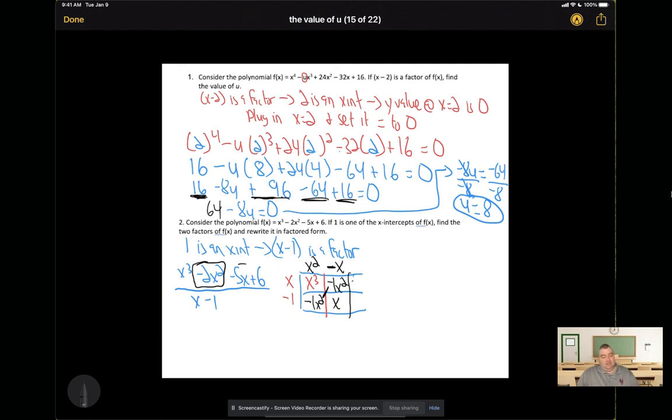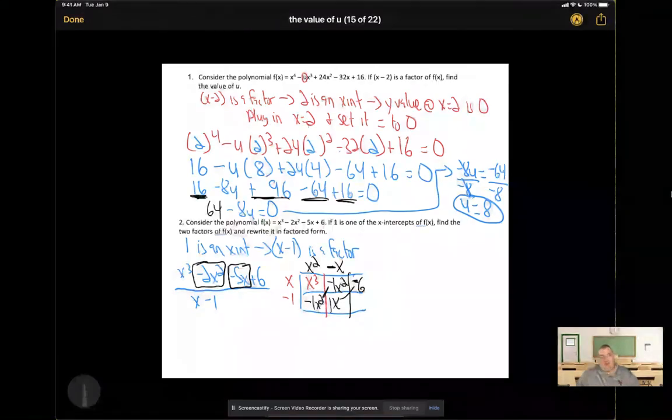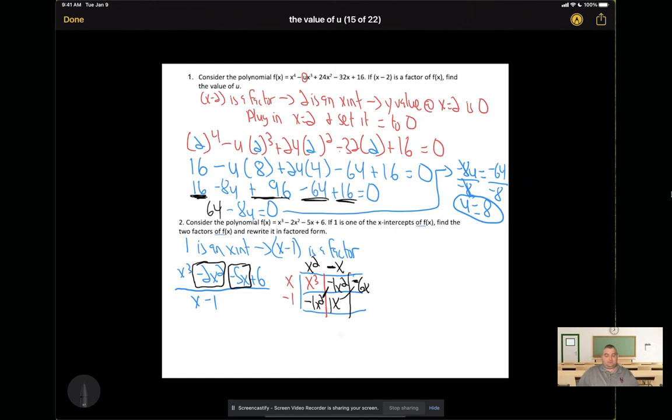If I look at my next term, I have a negative 5x. So I have 1x over here. So to go from 1x to negative 5x, I need to add a negative 6x. Negative 6x plus 1x is negative 5x.